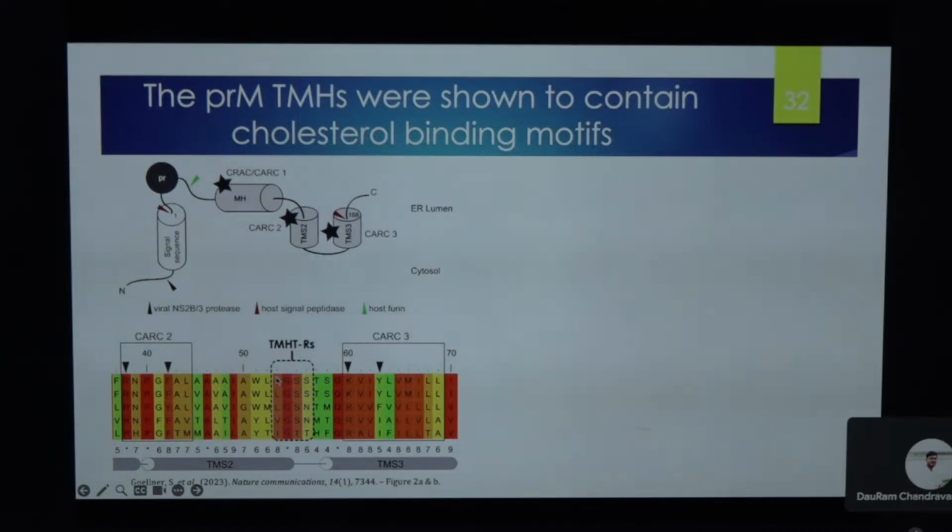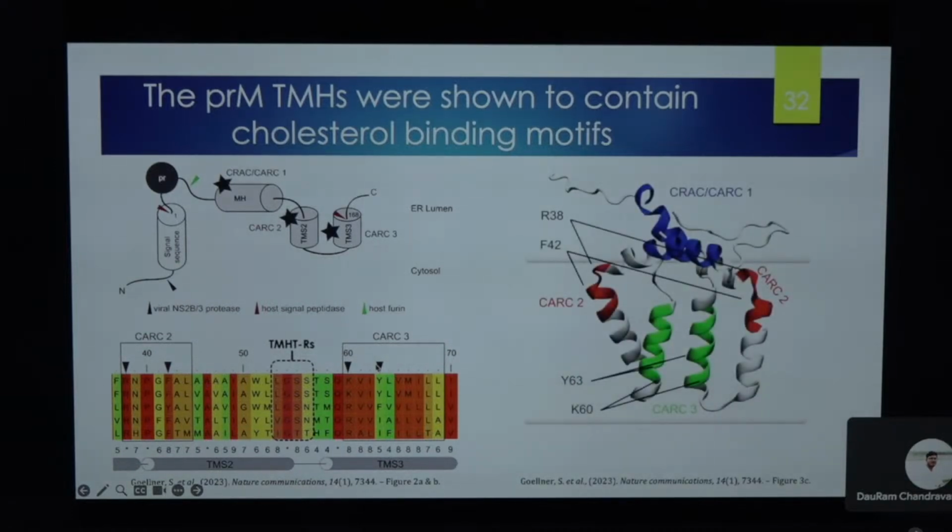So these highly conserved residues that we talked about before, there is a cholesterol binding site between both of them. So what this suggests is that maybe our mutation here, PRM L146E, is disrupting some cholesterol integration into these binding pockets that could contribute to the assembly defects.